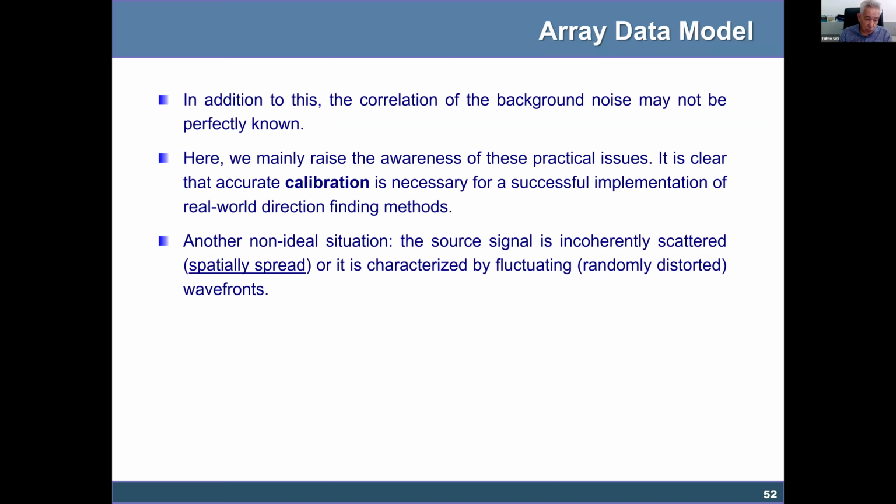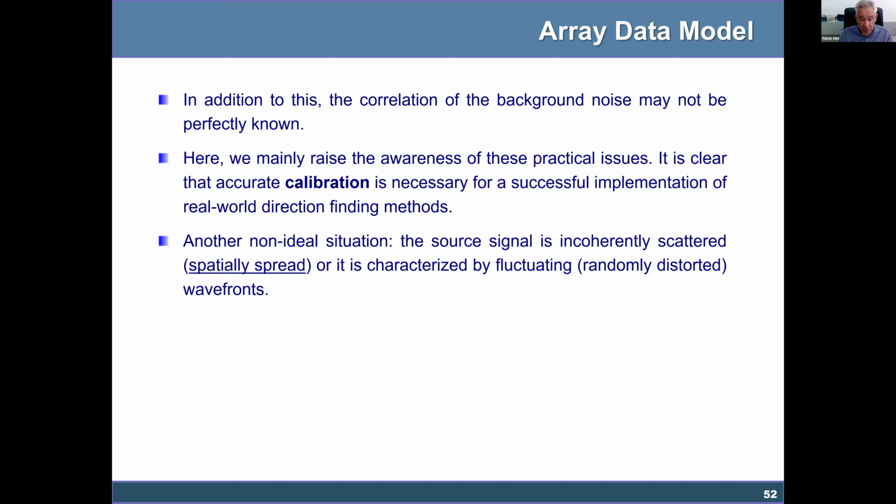I will say something about a particular source of non-ideality. This is the case where the sources are not point-like, but in practice, all the sources are composed of a number of scatterers distributed over a space.